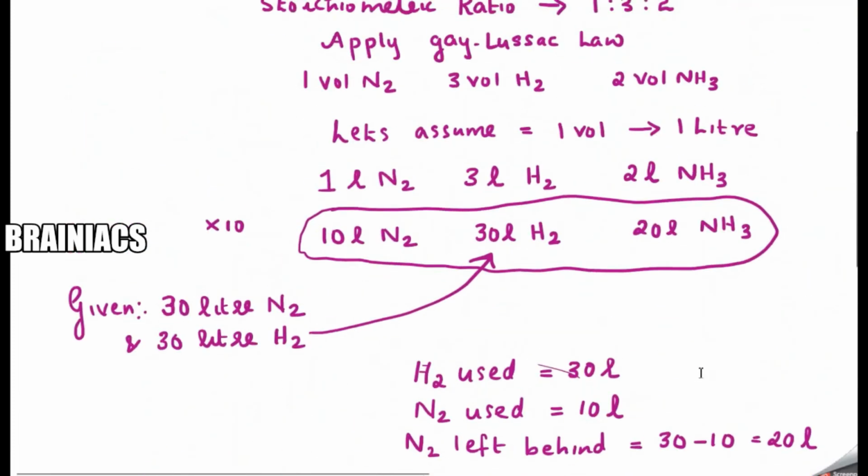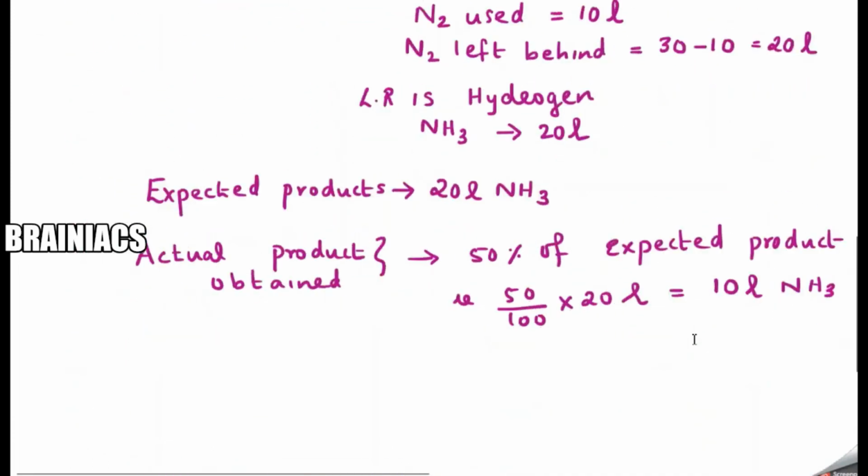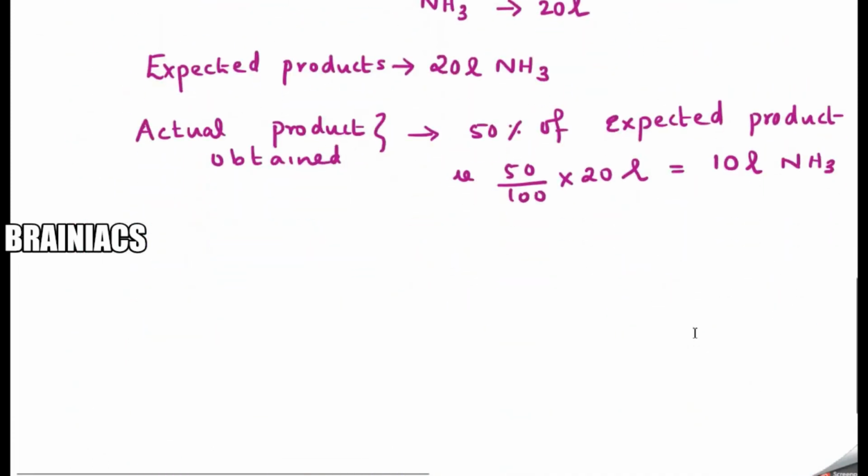In the last sentence, you can see the question asked here is what will be the composition of the gaseous mixture under the above said condition. Above said condition means 50% of the product formed. So let's find, to get 10 liter of ammonia, how much amount of nitrogen and dihydrogen is needed.